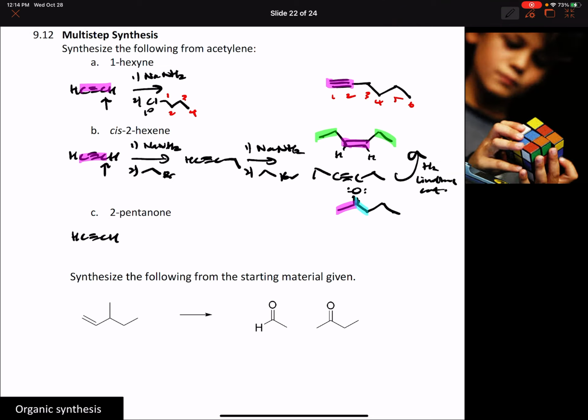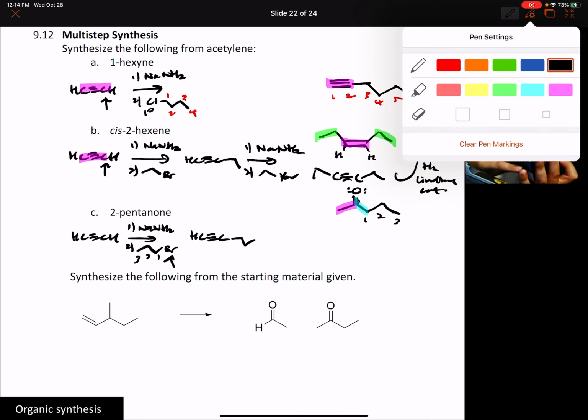Well, we'll see. Let's do it here. All right, so first step, I need to add how many carbons? 1, 2, 3. I need to add 3 carbons. So 1, sodium amide, 2, bromide. 1, 2, 3 carbons, right? It's primary, so that's allowed. Okay, I got 5 carbons in a row now.